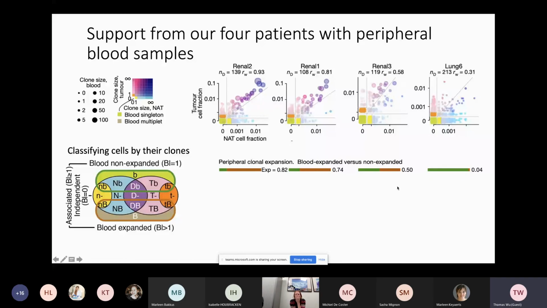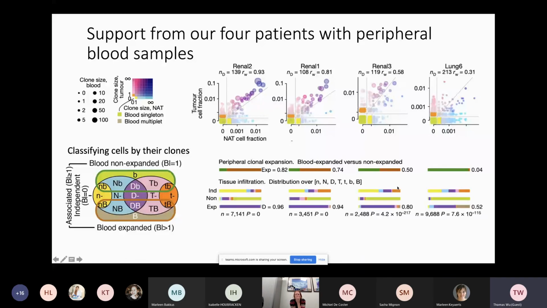And then if you look in the tissue and see how this was distributed in each of the tissues, you can see that, and again, these three categories correspond to these three categories here, the independent, non-expanded, and expanded.